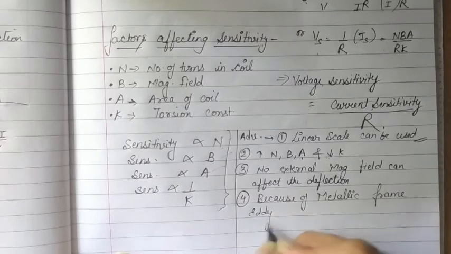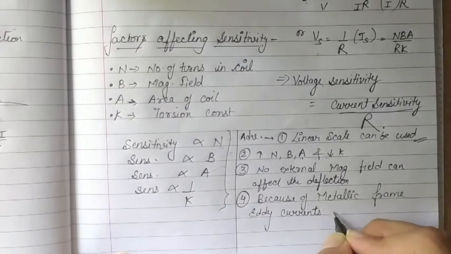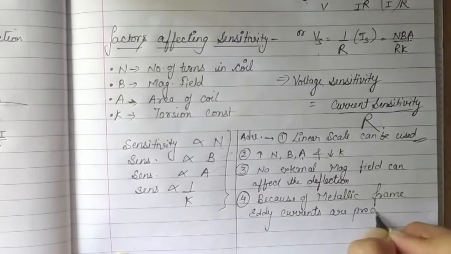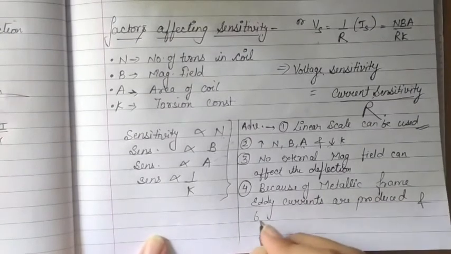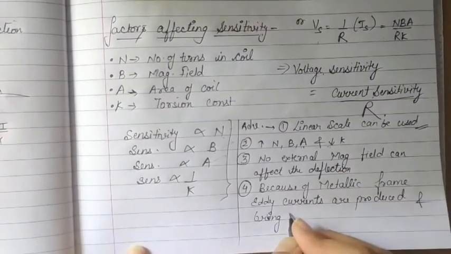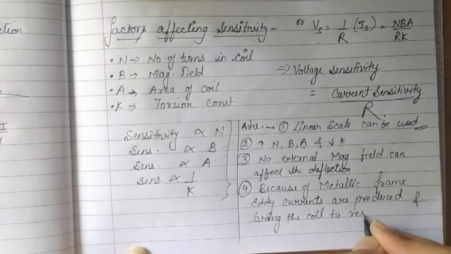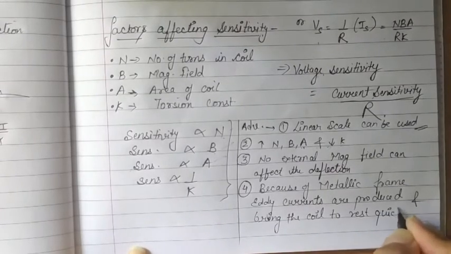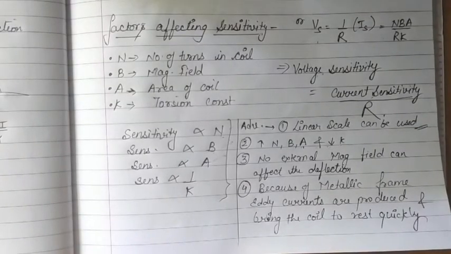So these are the advantages of using a moving coil galvanometer.